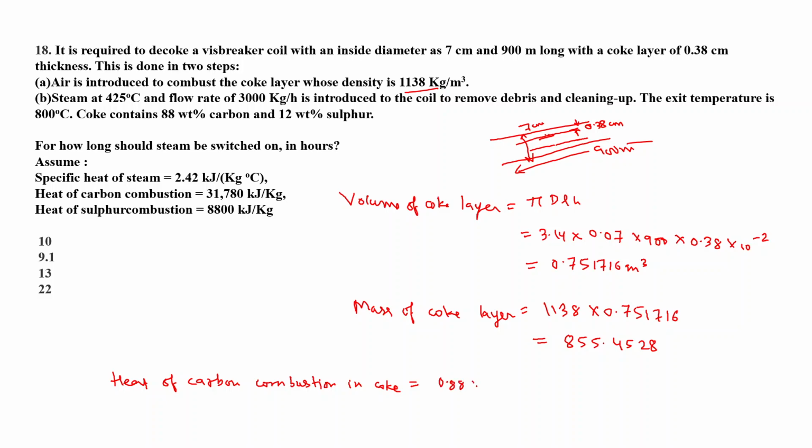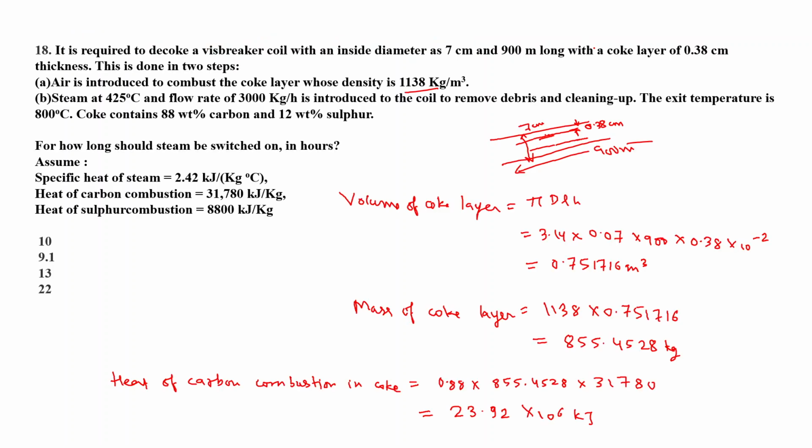So it will be 0.88 into the mass of coke, and the heat of combustion of carbon, which is given in the question, that is 31780. It will give us 23.92 into 10 to the power 6 kilojoule of heat used in the combustion of carbon in coke.